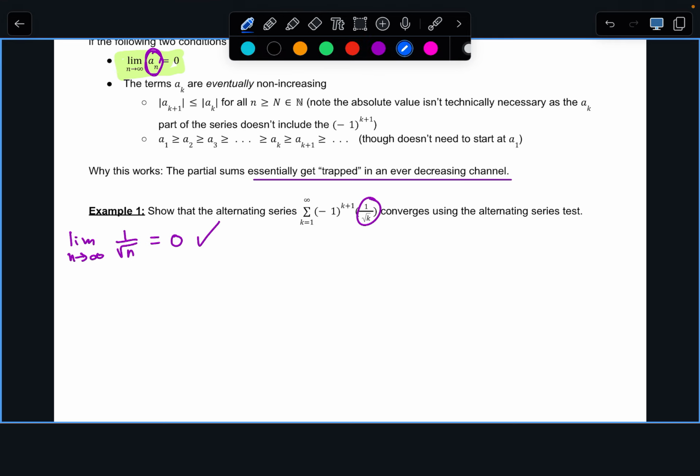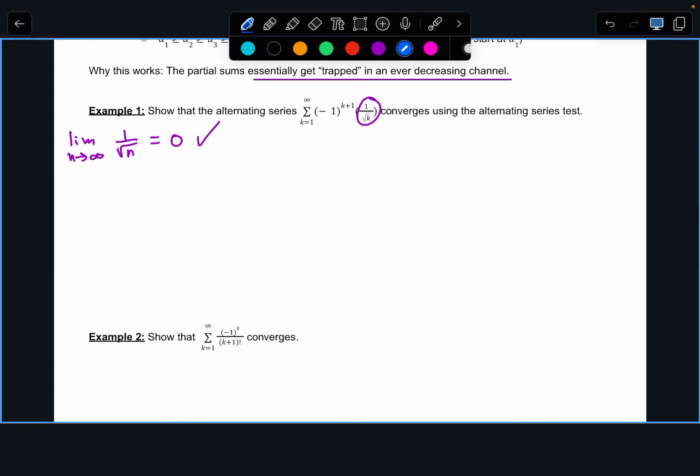But strictly speaking, you're just comparing the part that's not with the -1. So we just need to show that 1 over root k is always less than or equal to 1 over root k plus 1. Okay. We need to show that the terms never increase, or at least eventually never increase. Other way? Yeah, so true. Thank you.